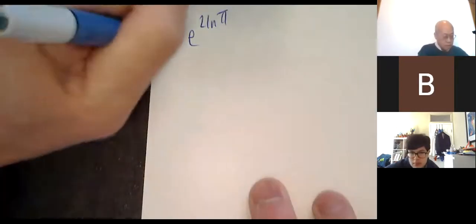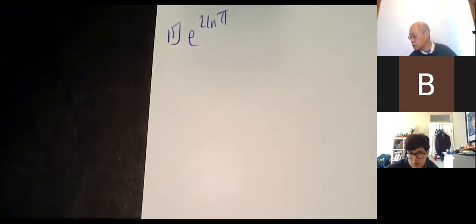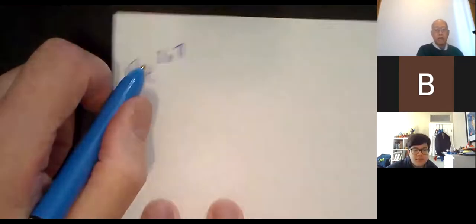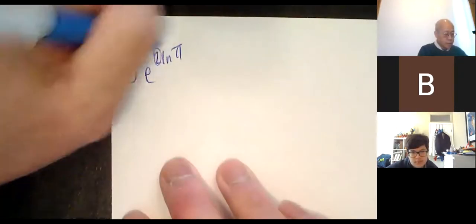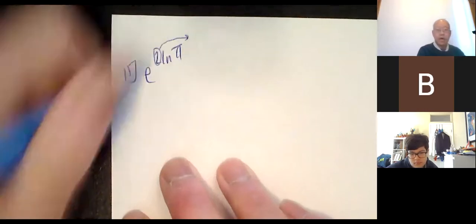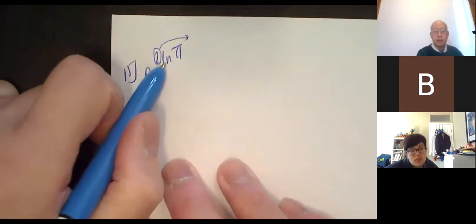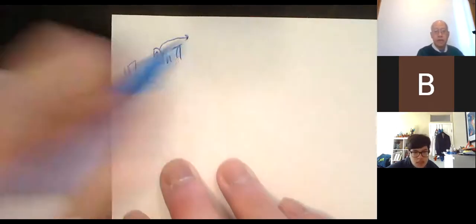It's problem 15. Okay, what you want to do here is one of the properties of logs is that you can bring that 2 up here. When you have a log, the 2 is allowed to go up as an exponent.